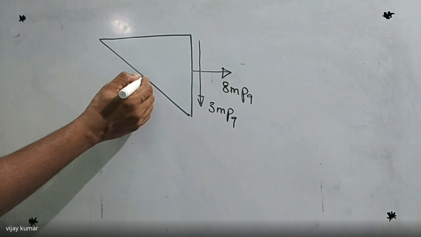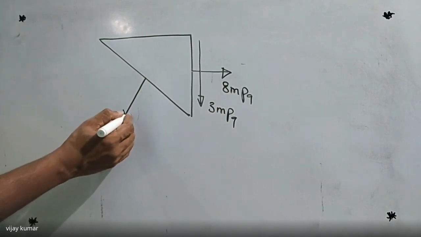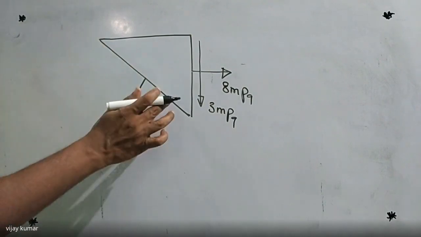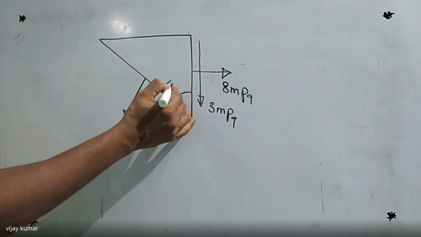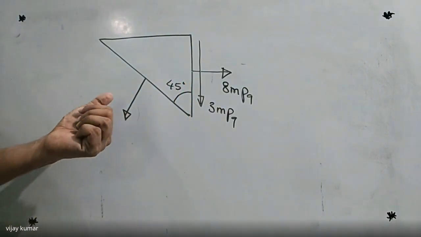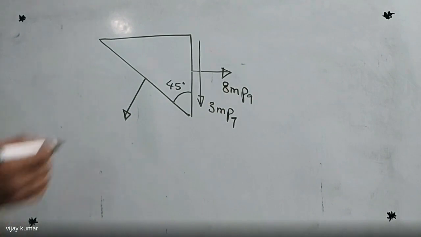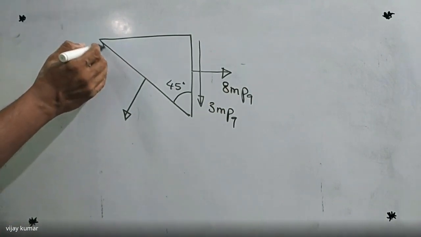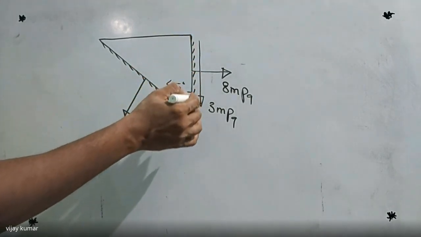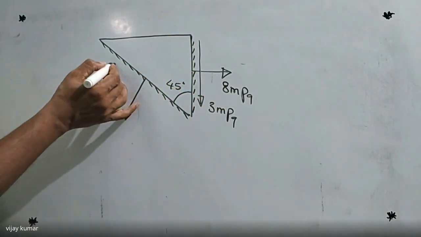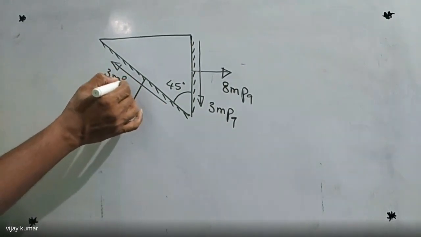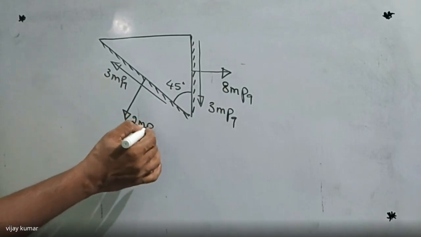This is the normal stress to this plane. This plane makes an angle of 45 degrees. This is also 45 degrees. So this is the plane given, and on that plane shear is also given, equal to 3 megapascals. And this is given as 2 megapascals.